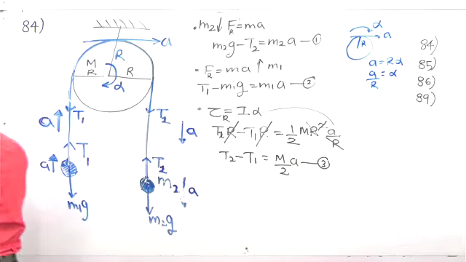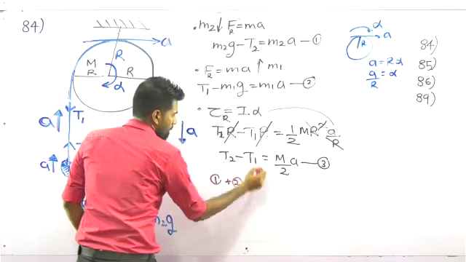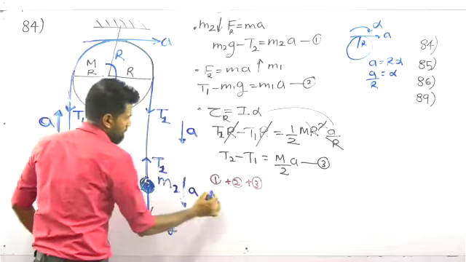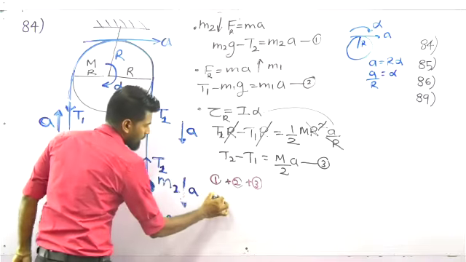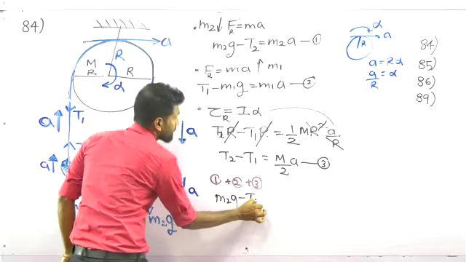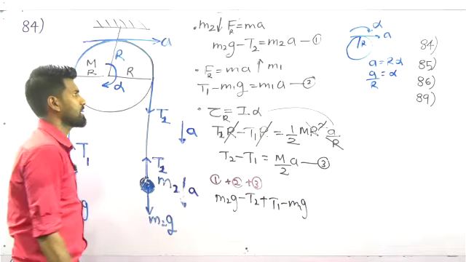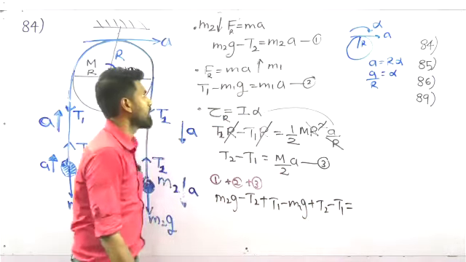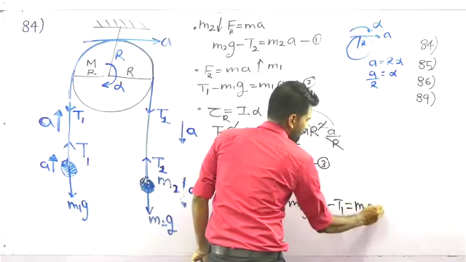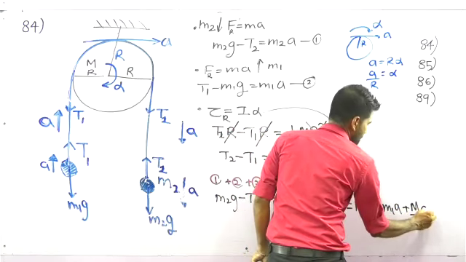Then what will I do? I will add all three equations, 1, 2 and 3. When I add them: M2g minus T2, plus T1 minus M1g, plus T2 minus T1, equals M2a plus M1a plus M over 2 times a.